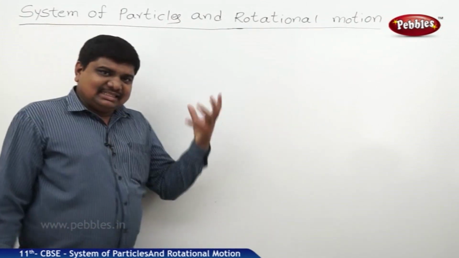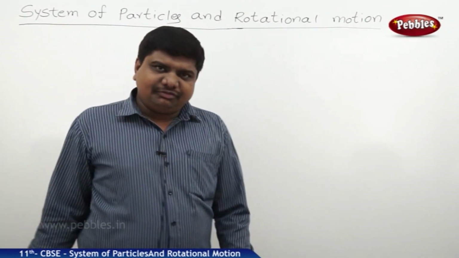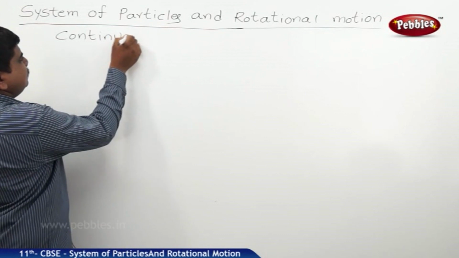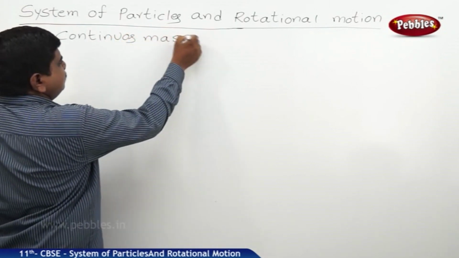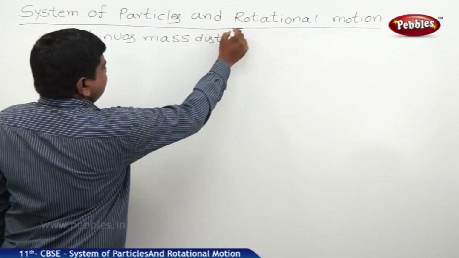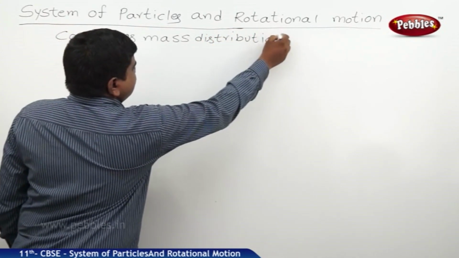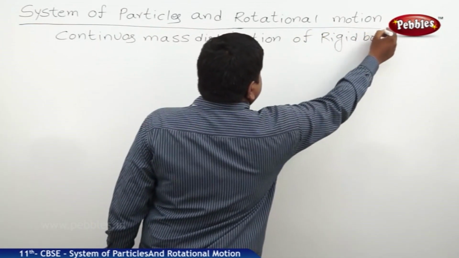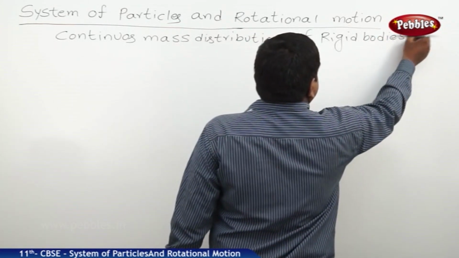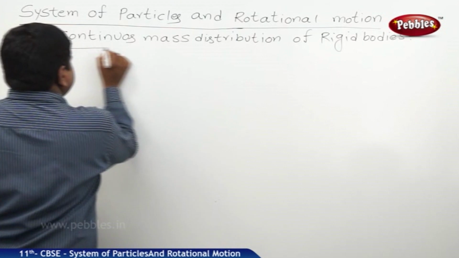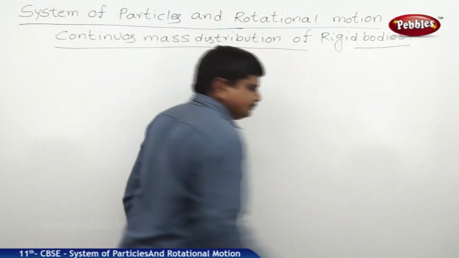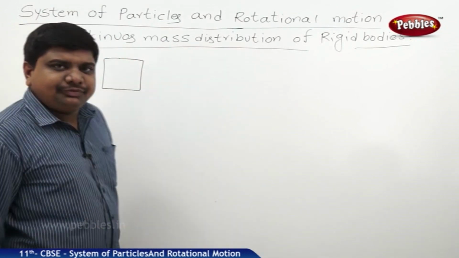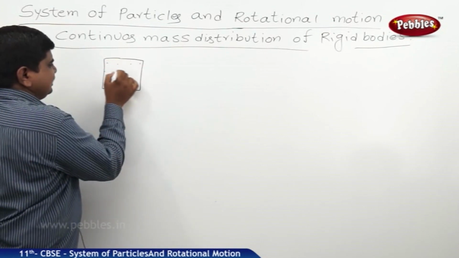The next point we will discuss in this lesson is continuous mass distribution of rigid bodies. If a rigid body of finite dimensions is there, it has n number of masses inside the body.